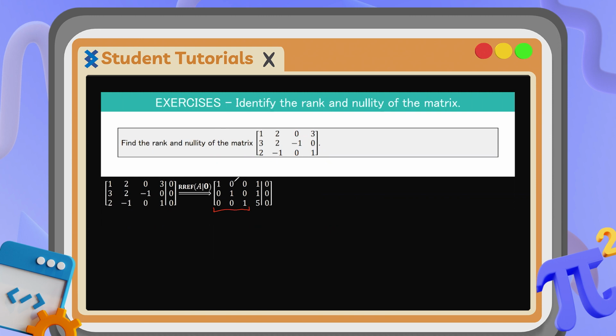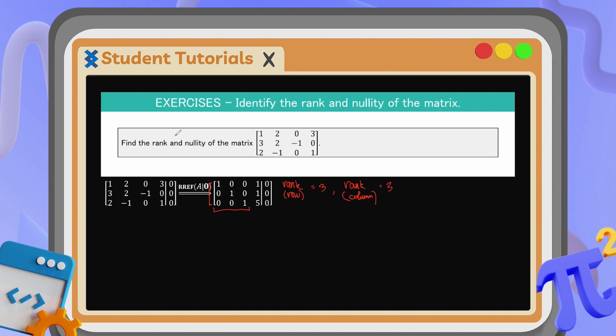And for the row vectors, since we have these three over here, these would then be part of the row space. Additionally, that would mean that your row rank is equal to 3, and the column rank is equal to 3 as well.